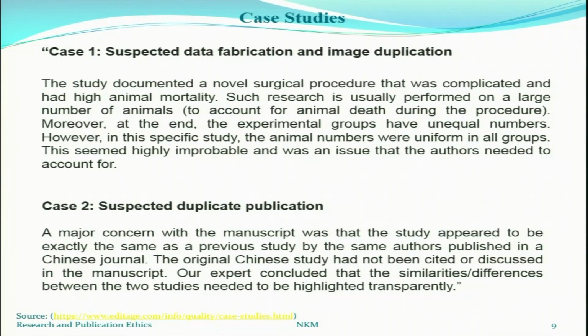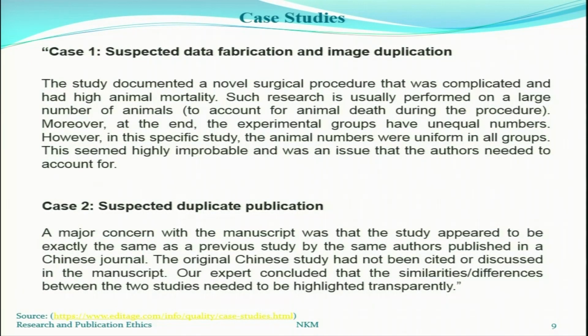Now I will be analyzing 2 small case studies, to make you understand what kind of publication misconduct researchers usually commit, and how easy it is for them to use technology to commit this misconduct. Let's take the first case study, about data fabrication. This case study is based on a novel surgical procedure that was complicated and had high animal mortality.